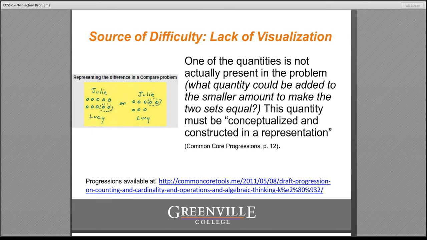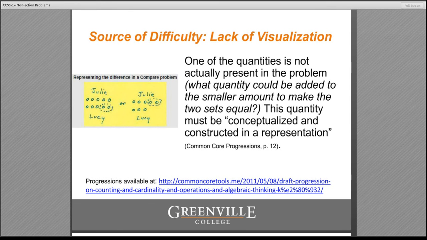So in this example, this image is taken from the Common Core progressions. Julie has a quantity of 5, Lucy has a quantity of 3. It can be very difficult for me to visualize what would be the difference between those two numbers. However, you can see that the visual representations here show two possible ways to visualize it.